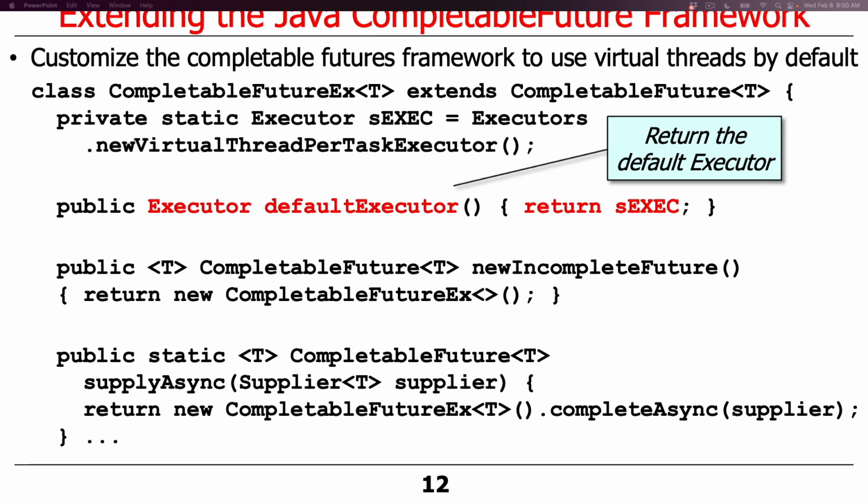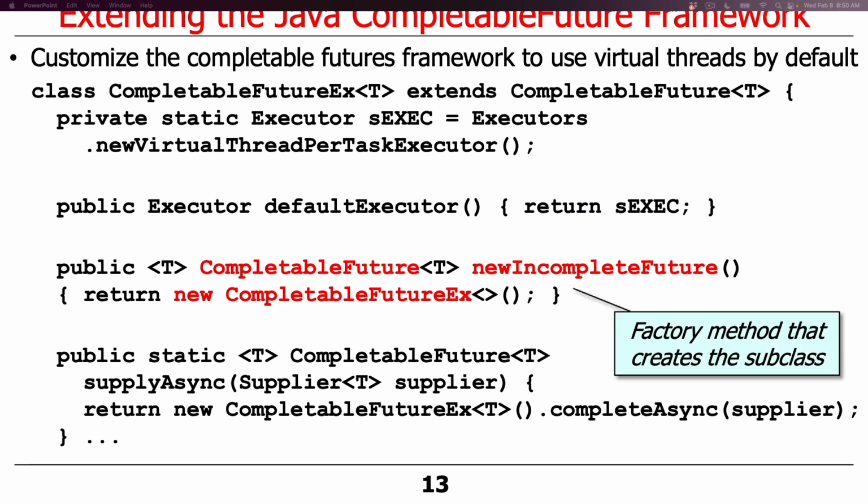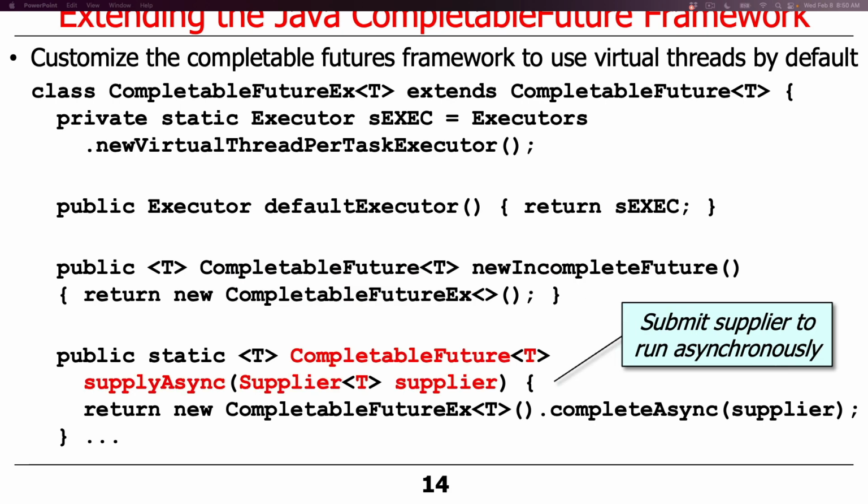Then we're going to override the default executor method to return that executor that makes a new virtual thread every time. Then we're going to define a new incomplete future factory method that's going to return an instance of new CompletableFutureEX, which doesn't have any implementation associated with it. That's going to come with the next method. And then the final method here is called supply async.